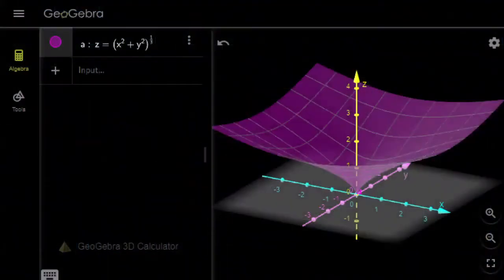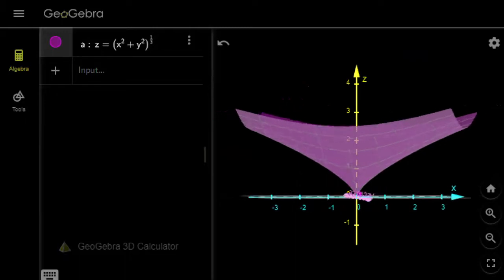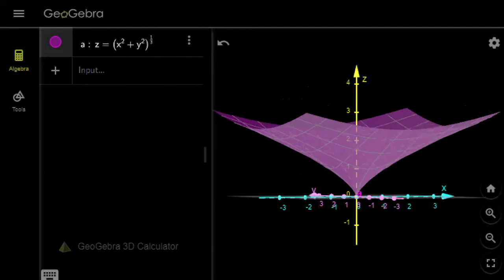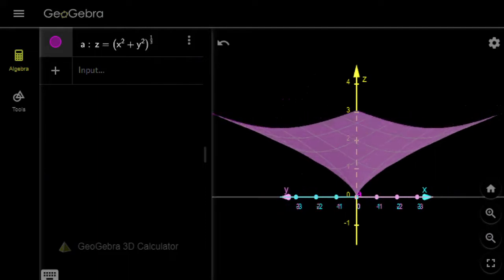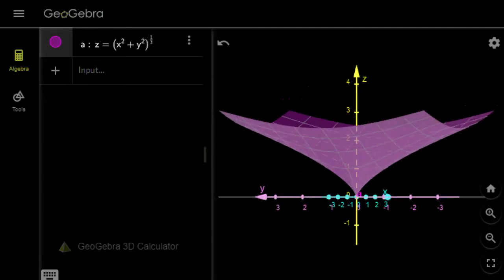Let's go over to GeoGebra and let's graph exactly that. Z equals x squared plus y squared, the whole thing raised to the 1/3 power. If I manipulate this so that I'm looking at anything where the xy plane is flat, you can see that I've got the exact same graph that I had for z equals r to the 2/3 in 2 dimensions.